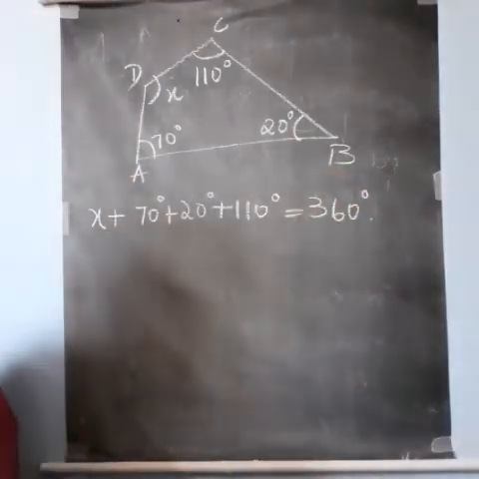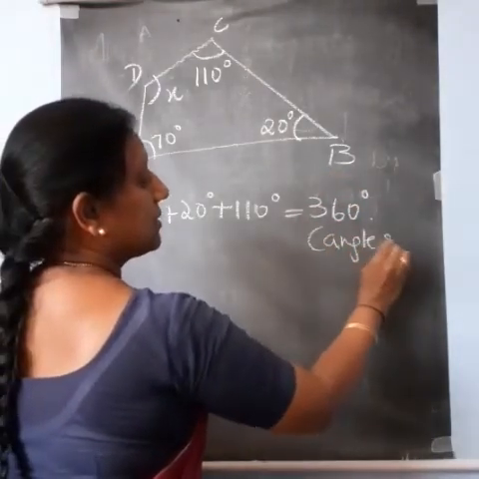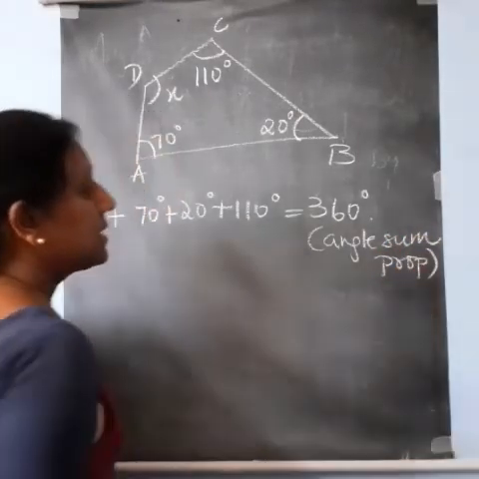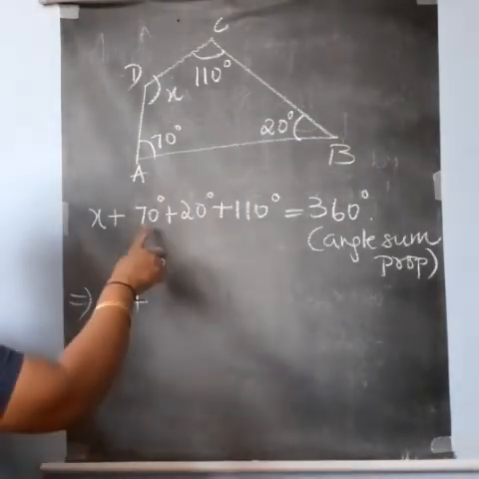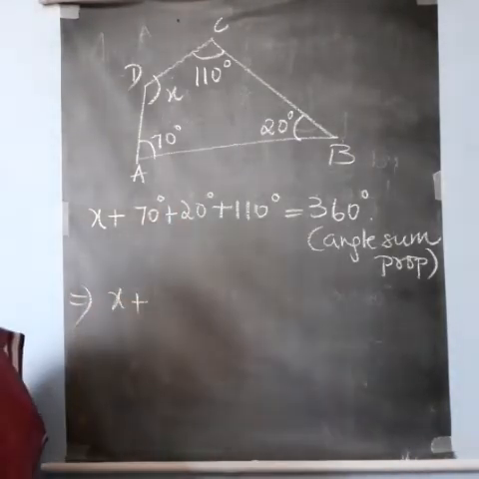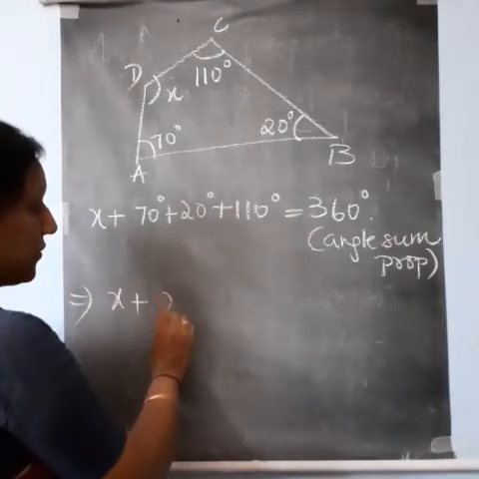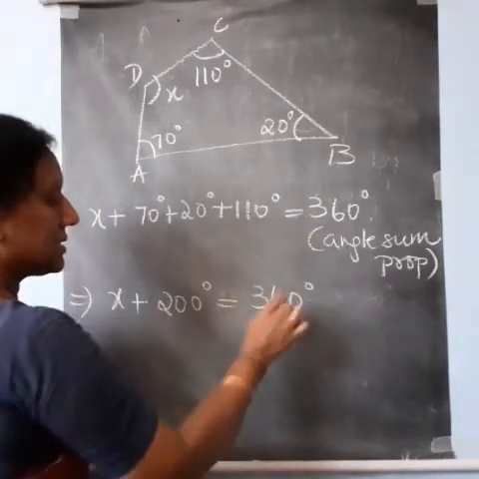Why 360? Angle sum property in a quadrilateral is 360 degrees. So you get x plus 70 plus 20 is 90. 90 plus 110 is 200. So x plus 200 degrees is equal to 360 degrees.